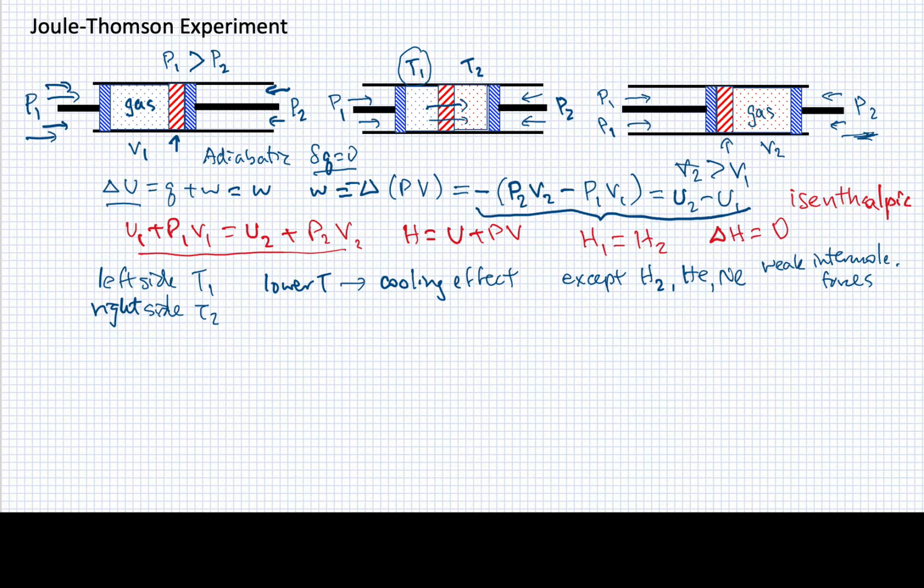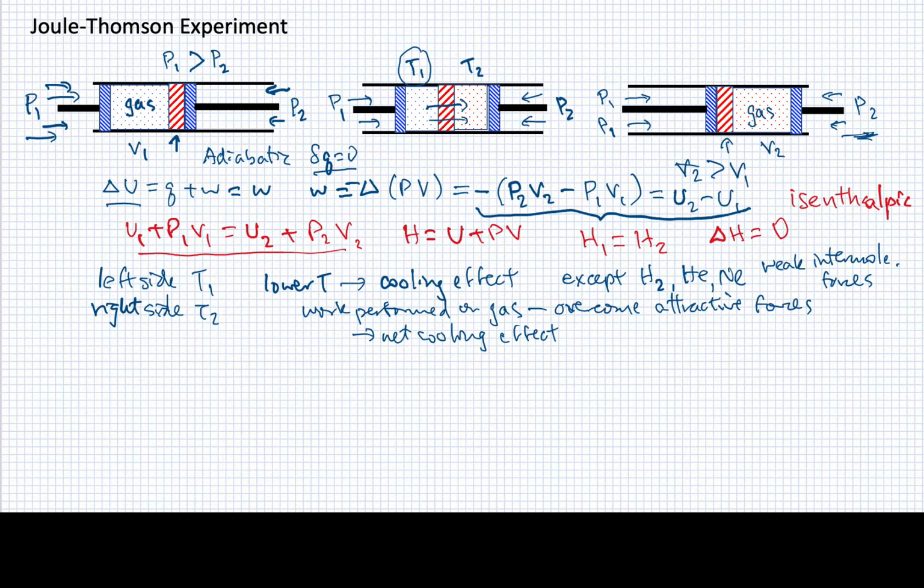So in effect, what they believe was happening is that as this device was doing work to push the gas through this porous membrane, the work that was performed on the gas was simply being used to overcome the attractive forces. So since that work was overcoming the attractive forces, it led to a net cooling effect on these gases.